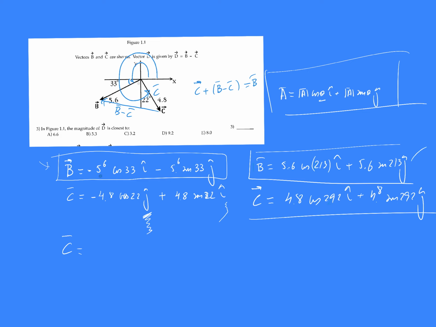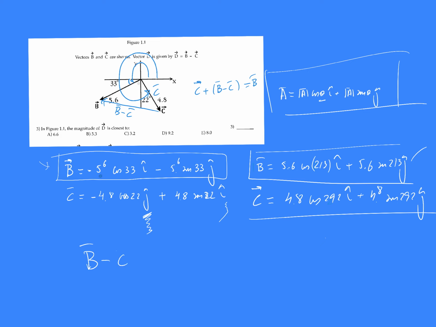So I have the vector v, I have the vector c. How will I find the vector v minus c? V minus c will be the vector that goes from the head of c to the head of v. Okay, let's find v minus c.